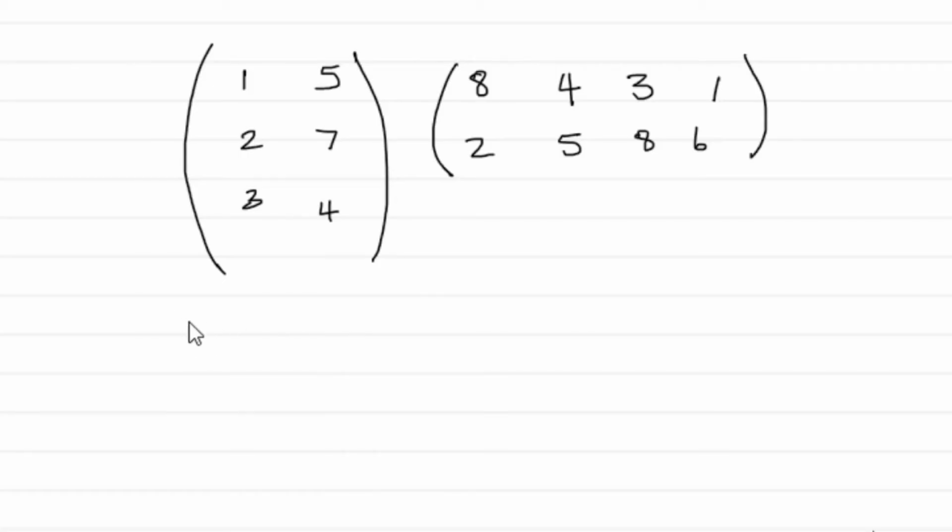The way we do that is the same. In the first position of your final matrix, it's going to be 1 times 8 plus 5 times 2.